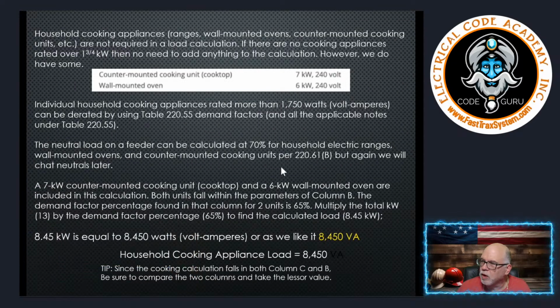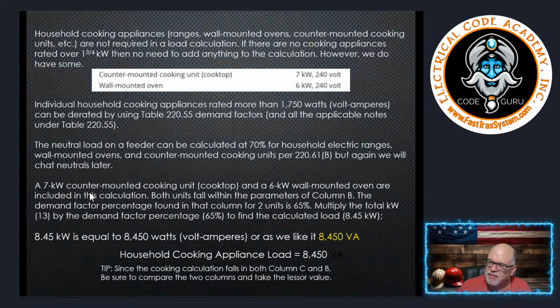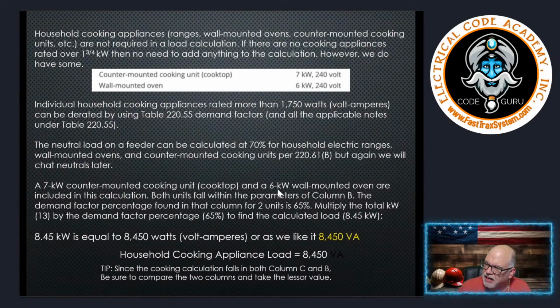All right, so we're looking right here, and we're going to look at that table in a second. We've got a 7 kW counter-mounted cooking unit, which is the cooktop, and we have a 6 kW wall-mounted oven. It's kind of weird to have the cooktop greater than the oven, but it is what it is in our question.